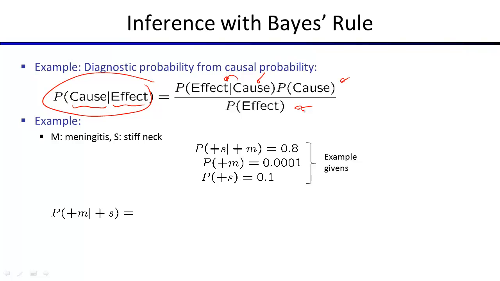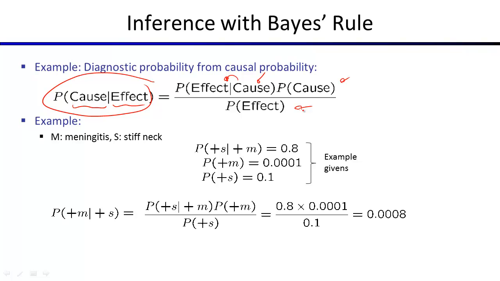Then you can use Bayes' rule to flip this all around and get the distribution for what's the probability of somebody having meningitis given that they observe they have a stiff neck. Apply Bayes' rule, fill in the numbers, and here's the probability. So this is the way you use Bayes' rule in almost all cases.